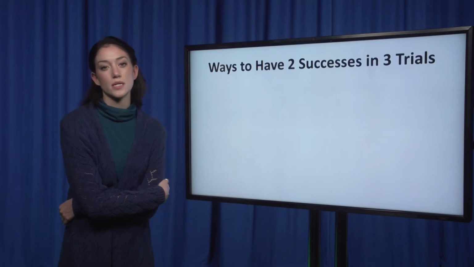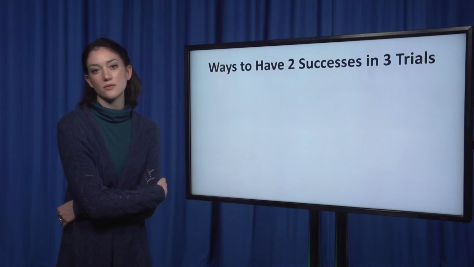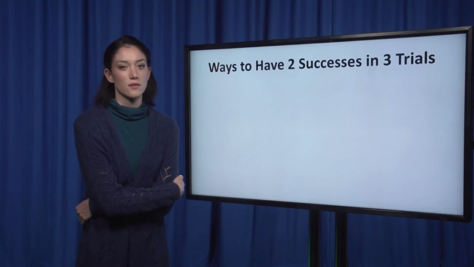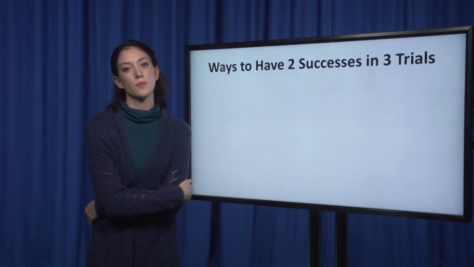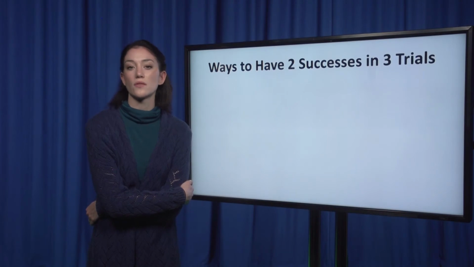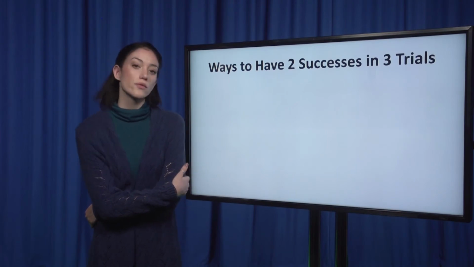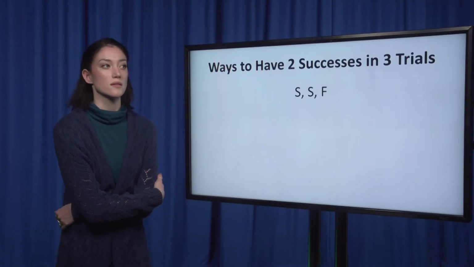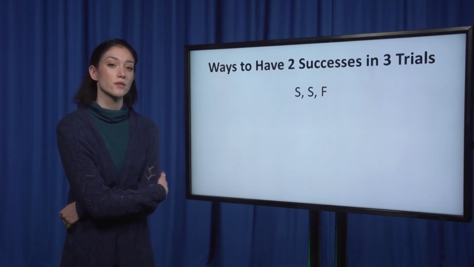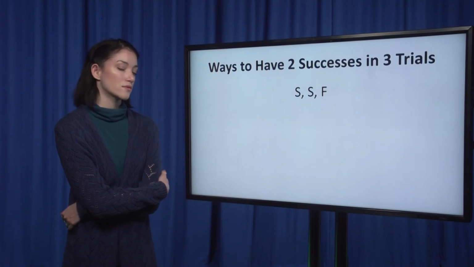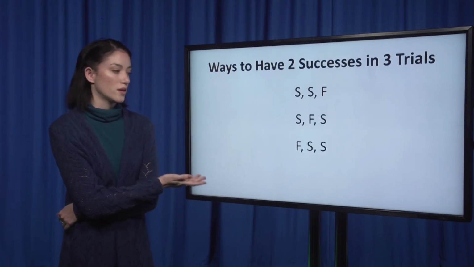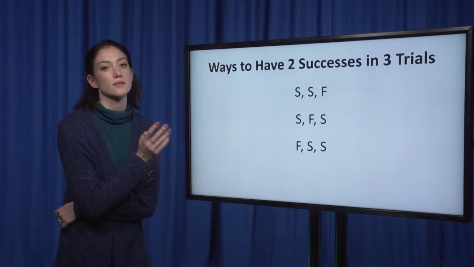The next step is to figure out how many different sequences, that is, patterns of successes and failures, have that same number of successes out of N trials. For example, there are 3 different ways we can have 2 successes from 3 trials. Success, success, failure; success, failure, success; failure, success, success.